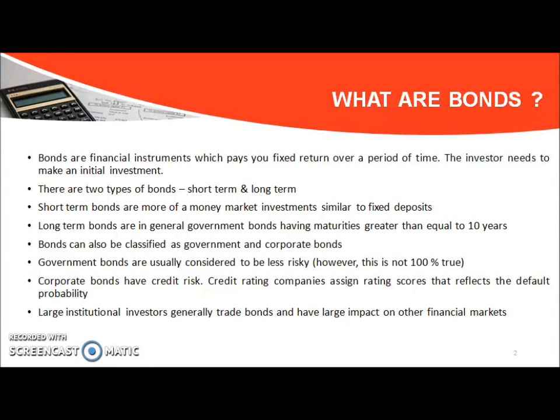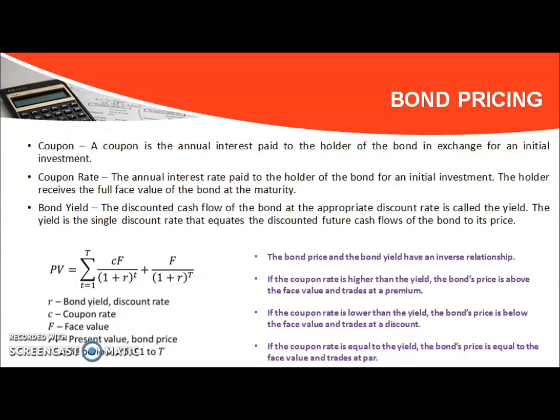Credit rating agencies assign scores that reflect the default probability. Larger institutional investors generally trade bonds and have a large impact on other financial markets. So we take the bond market cues or directions to judge how the equity market is going to move.